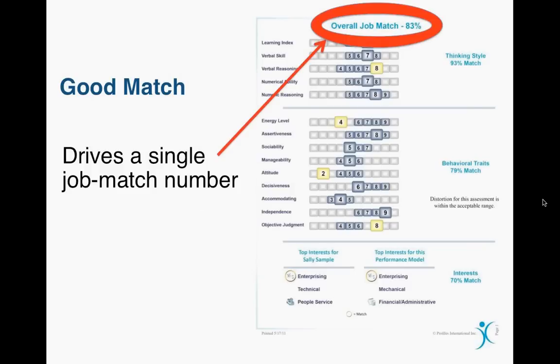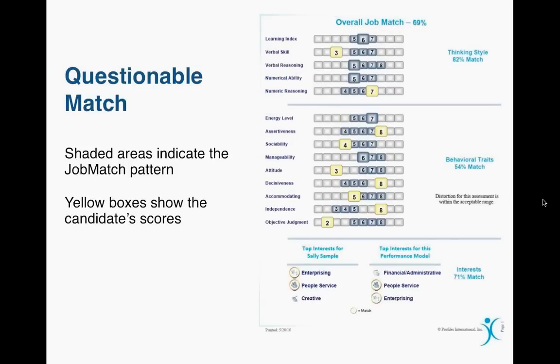The dark areas indicate the job match pattern, and the yellow boxes show the candidate score in the assessment relative to the success pattern identified from the top performers. You could easily identify a single job match number, as you can see here, and it's relatively easy.